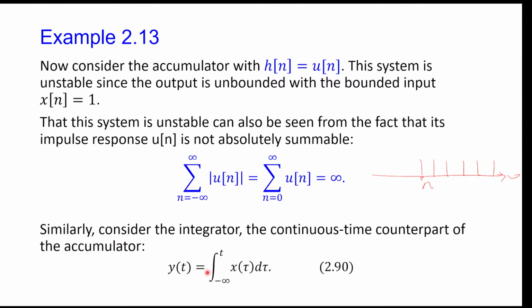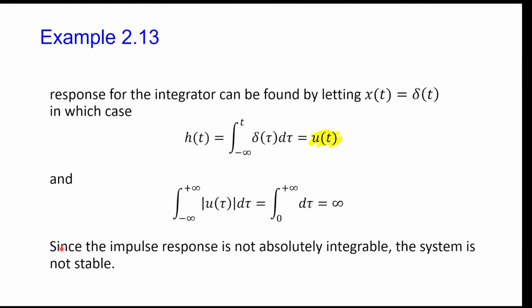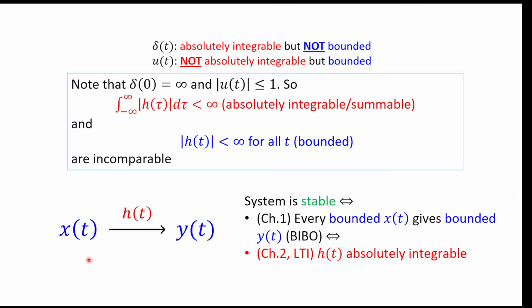For the integrator, you put in a bounded input, it gives you an unbounded output, and also its impulse response is not absolutely integrable. So you check both ways, the system is not stable. Okay. And finally we give the review slide.